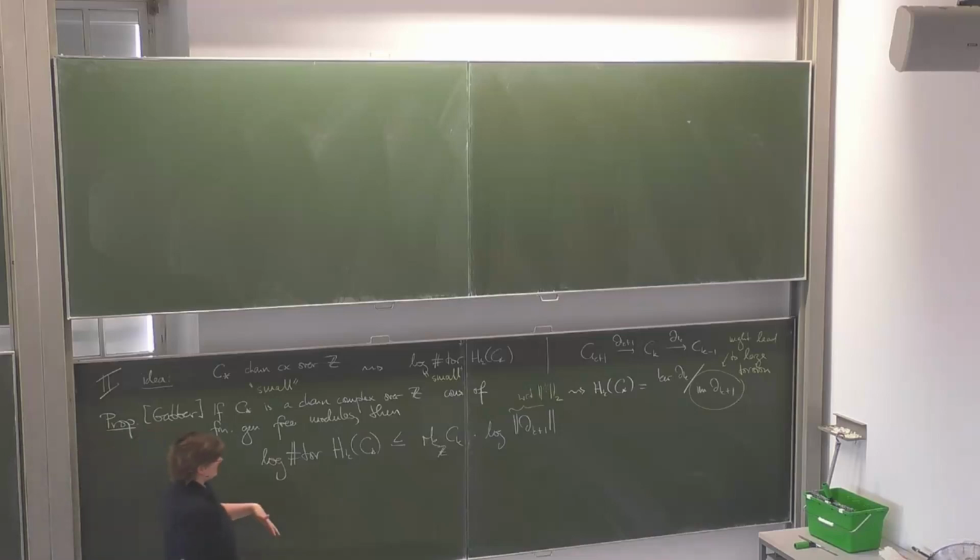There are more refined versions, and this always basically goes through looking at determinants or Smith normal forms. This is the basic statement, and this is what people usually use if they want to bound the logarithmic torsion growth.